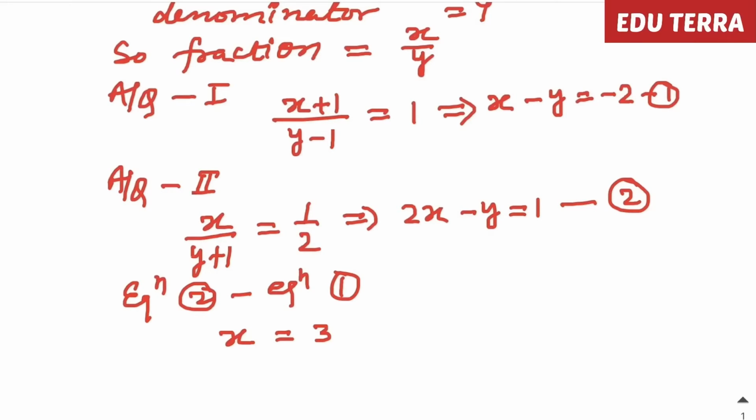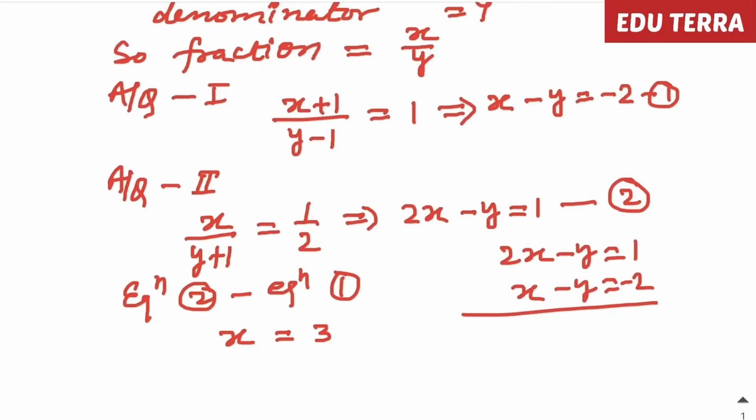Now substitute x equal to 3 in any one. See how to subtract if you don't know. So here 2x minus y equal to 1, then x minus y equal to minus 2, sign change. Look here, y and y cancel, x equal to 3.